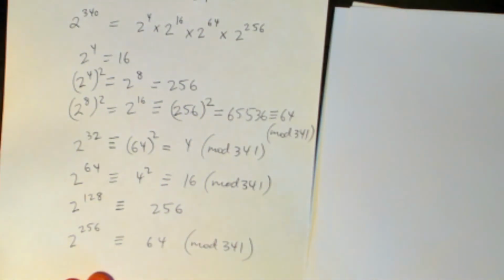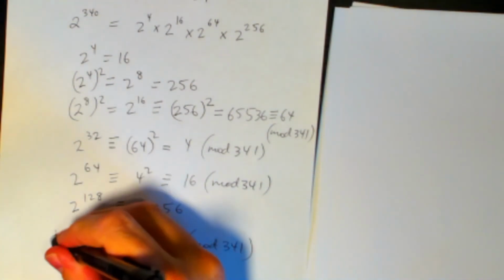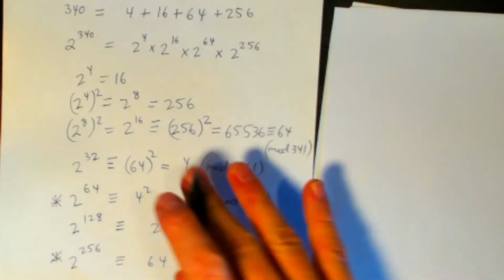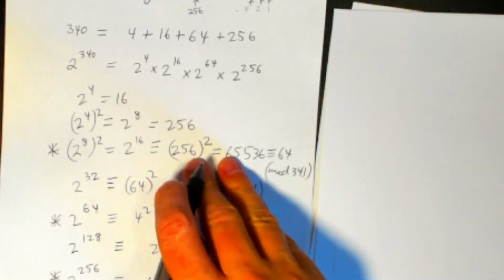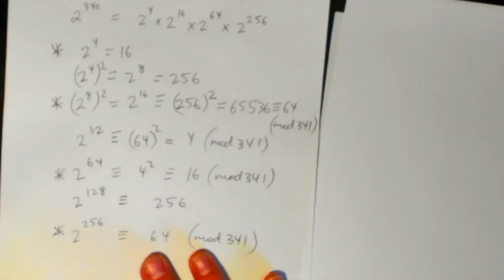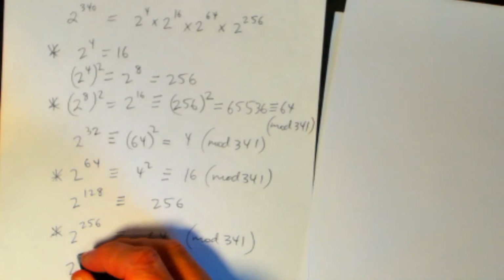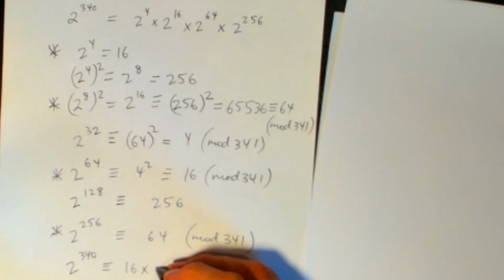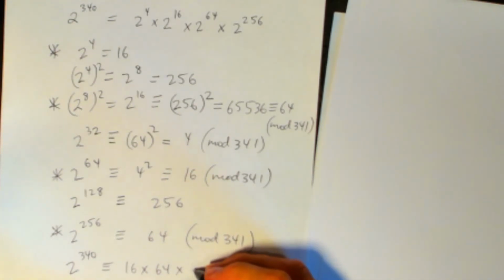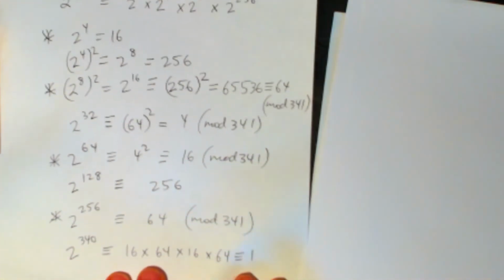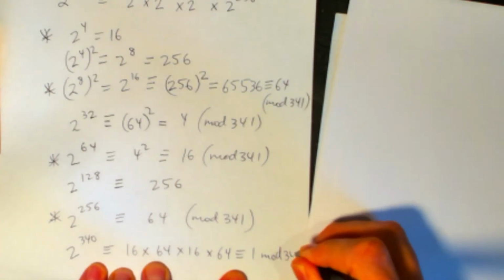Okay, so we take these relevant numbers. So this one, 2^16, which is up here, and 2^4. And we multiply these together. So 2^340 is congruent to 16 times 64 times 16 times 64, and this is congruent to 1 mod 341.